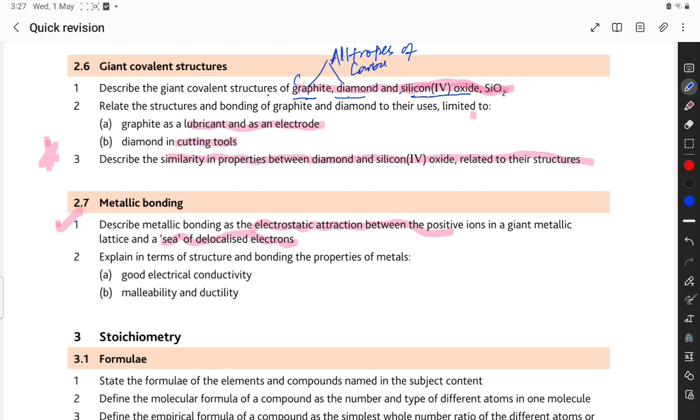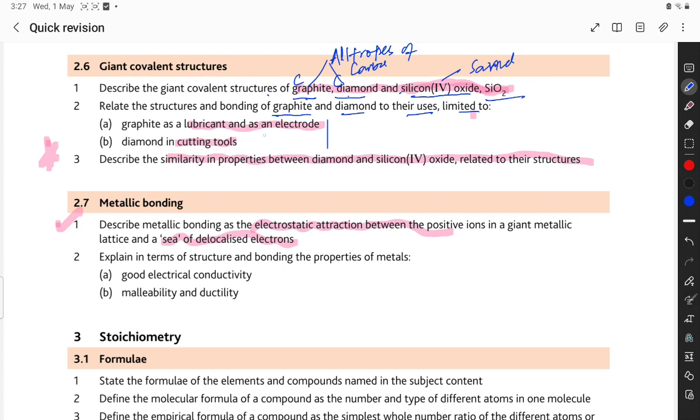Diamond and graphite are carbon, and silicon dioxide is a compound. The common name is sand and the formula is SiO2. Relate the structure and bonding of graphite and diamond to their uses, limited to only these uses. Please don't learn other uses.